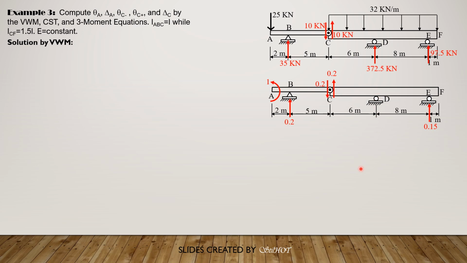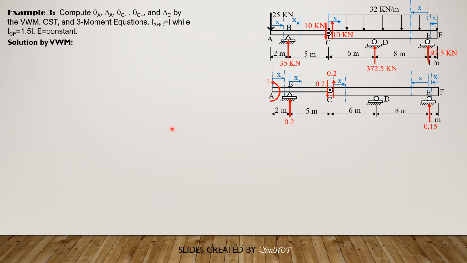Then for the sectioning, that's the first section, then B to C, then C to D, then F to E, E to D. So there will be 5 segments, the same sectioning as for the original beam.